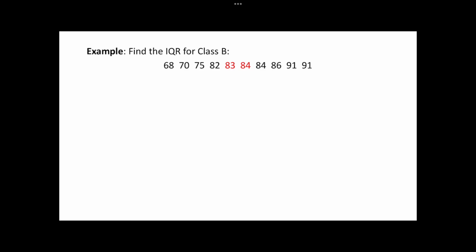Let's find the interquartile range for Class B. Now, Class B, remember, our median was found by finding the average of these 2 middle numbers. So our median here was 83.5. And so when I cut my data in half through the median, these 2 numbers are going to survive. So 83 is part of this lower half, and 84 is part of this upper half. All right.